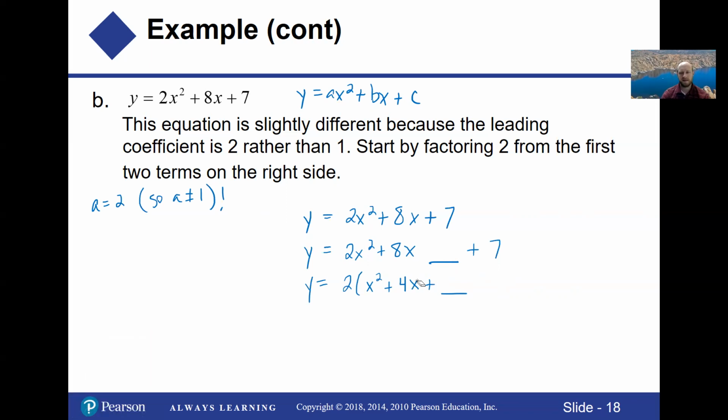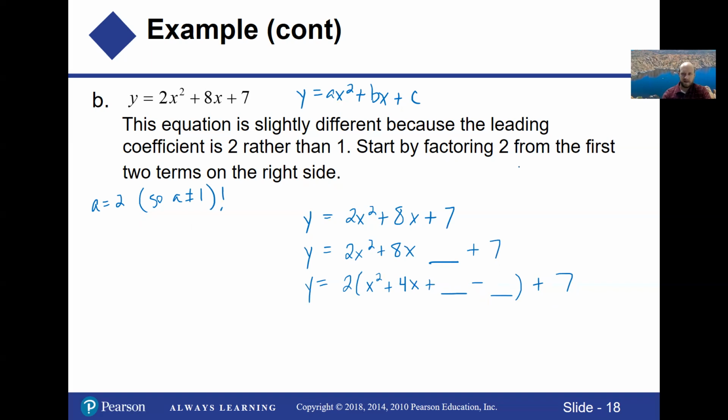When it's like this, you're going to plus and minus it both on the inside of the parentheses, and then you have your 7 on the outside. That's a special step when a is not equal to 1. Now, what is that underlined something?